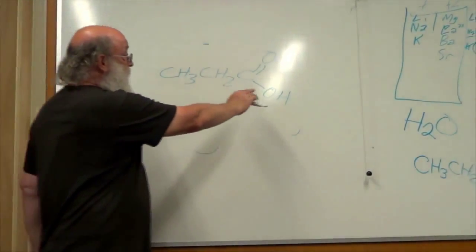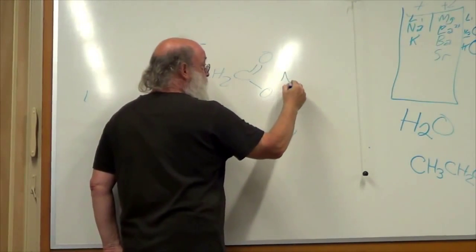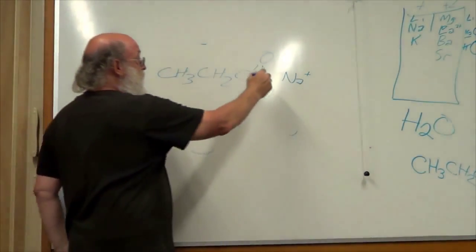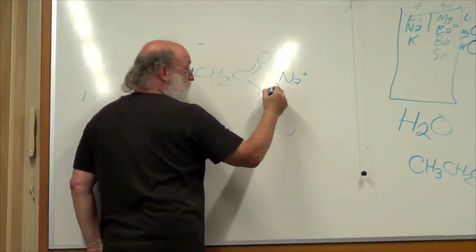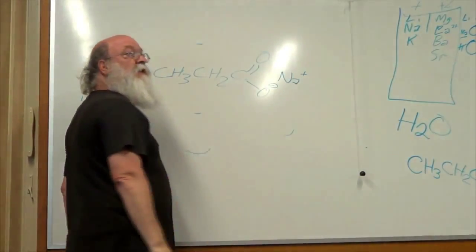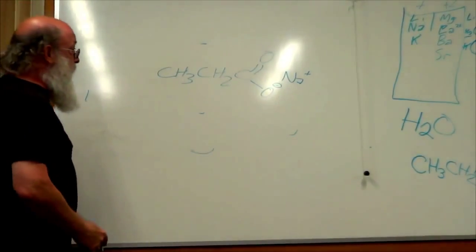But something like this, if you take this hydrogen off, is a great place to stick the sodium. And the sodium attracts to the minus charge left by not having the hydrogen, and this is a form of a salt. And so you get these salts all over the body.